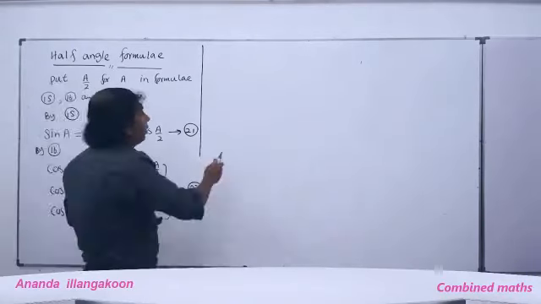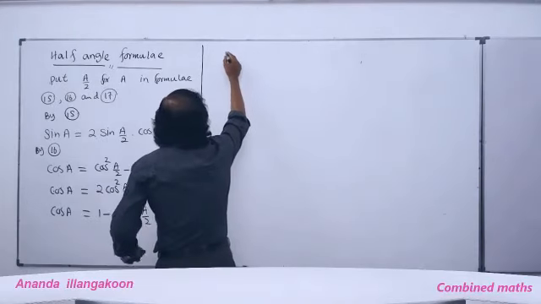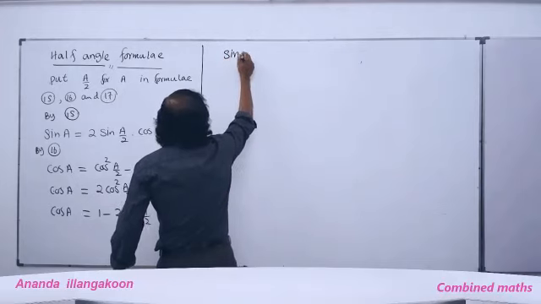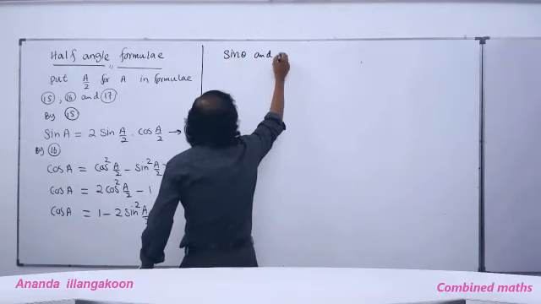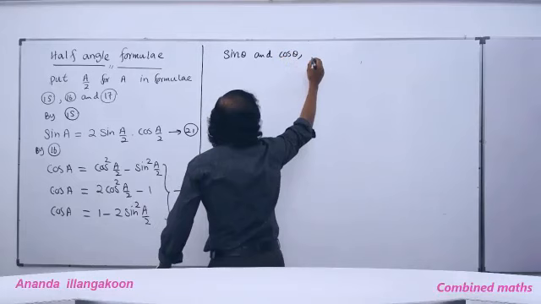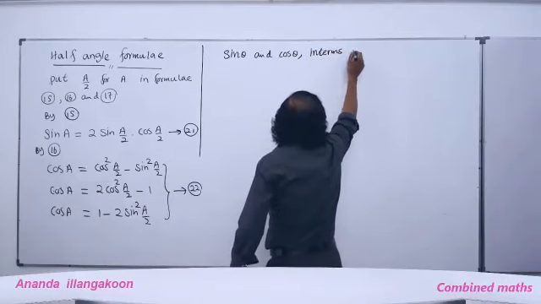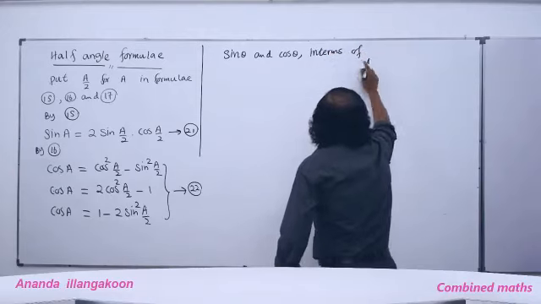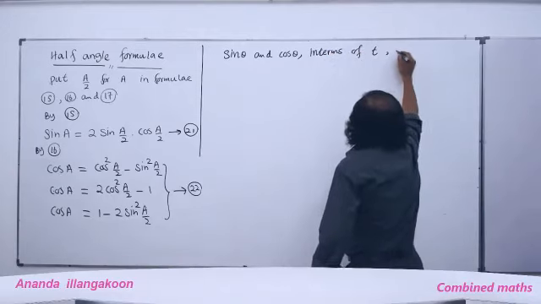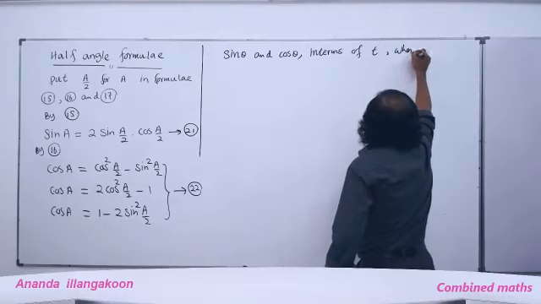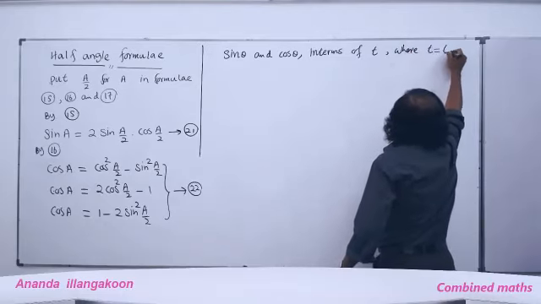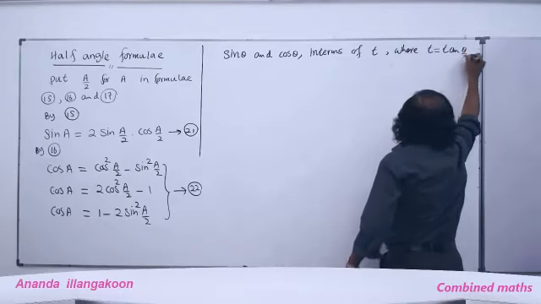Right, the next one, sine theta and cos theta in terms of t, where t equals tan theta by 2.